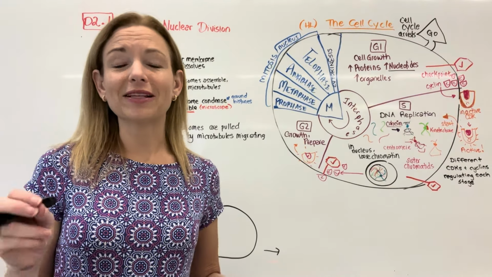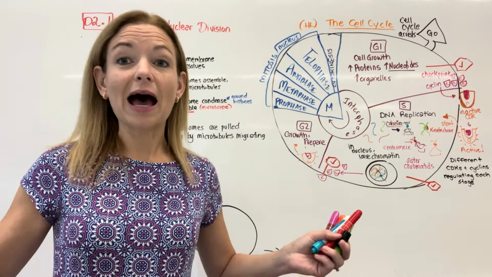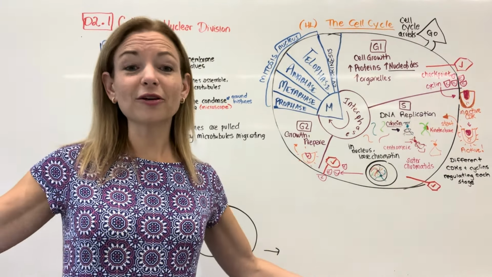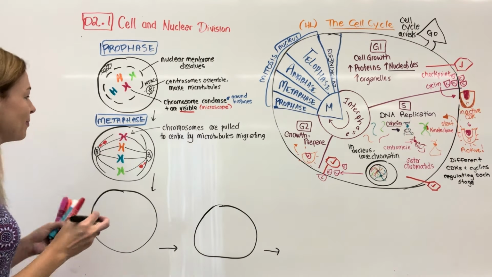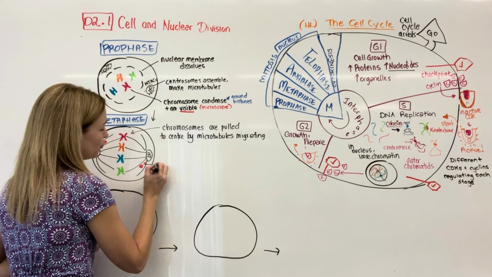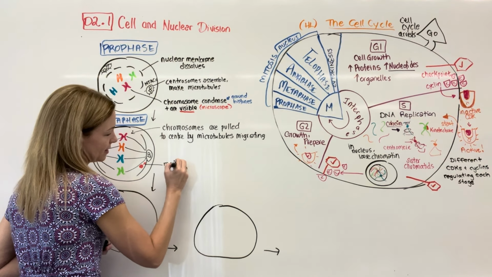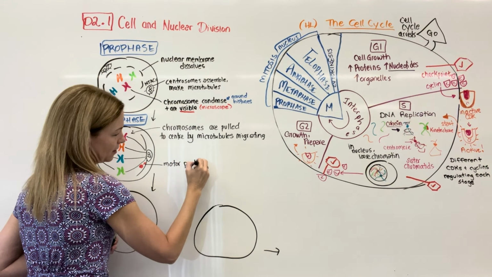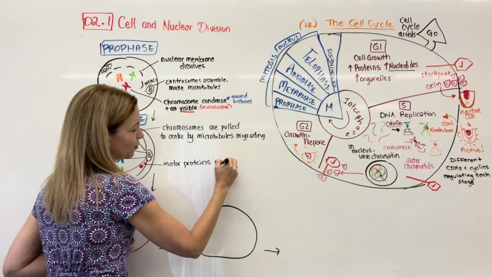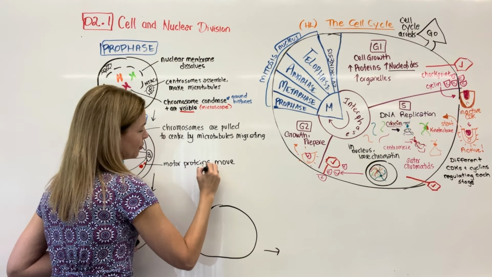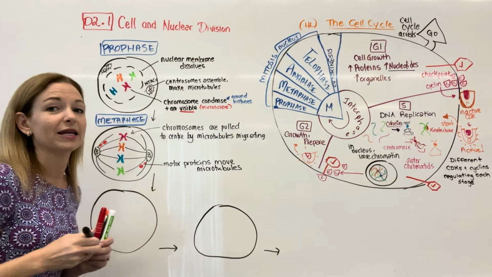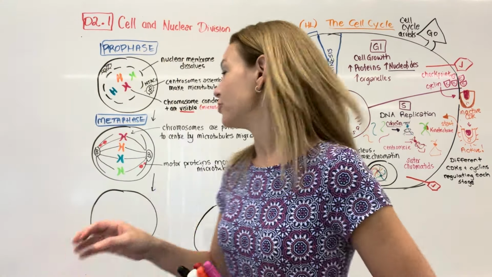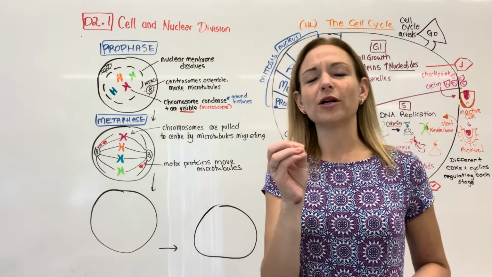If that's a bit confusing, just memorize that they end up in the center because of the microtubules. What actually allows that to happen is that motor proteins move the microtubules. It's a little dot point in the syllabus that you do need to know that the movement is due to microtubules, and that the motor proteins are what do that.